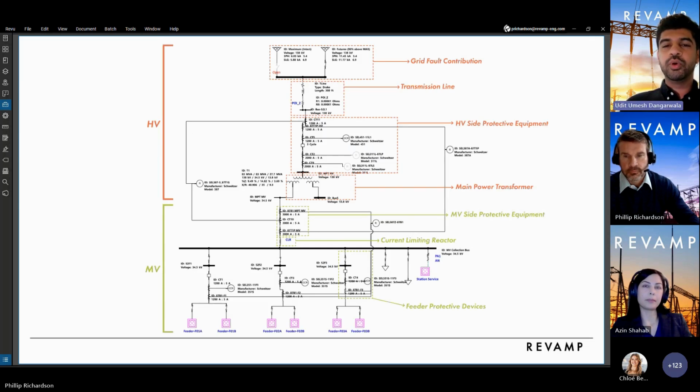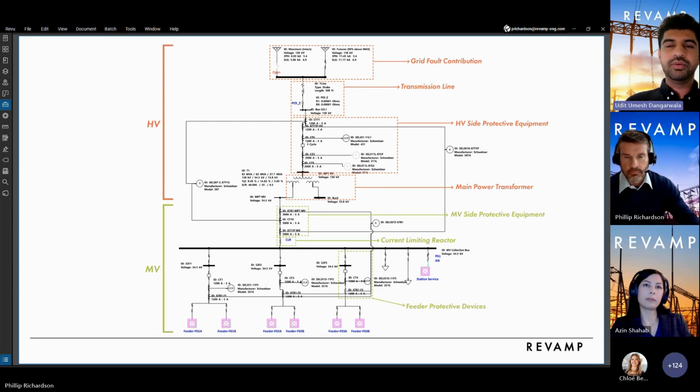This slide shows the components that are modeled to perform a short circuit analysis. Starting from the top, we have the grid fault contribution modeled as a Thevenin equivalent. Going down, we have the transmission line, followed by the HV side protective equipment, which includes the CTs, PTs, relays, and the breaker. Then we have the main power transformer.